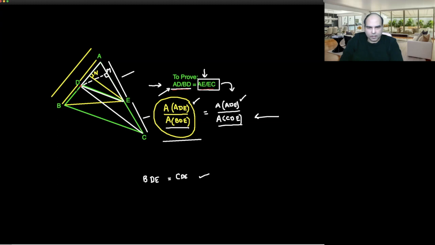So BDE is this triangle. I'm now using the red marker here. Maybe I'll use a deeper color of red. BDE is this triangle, while CDE is this triangle.